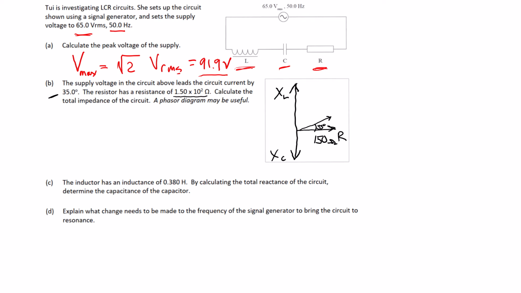So this phasor here is the total impedance.